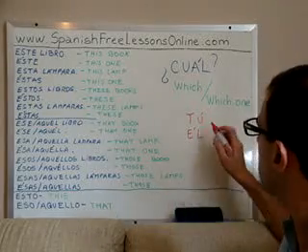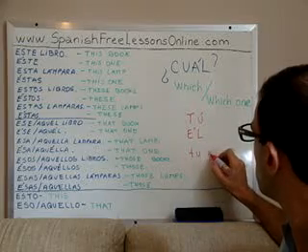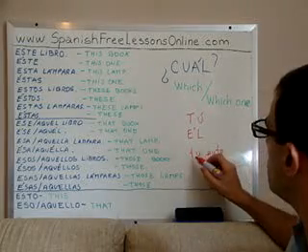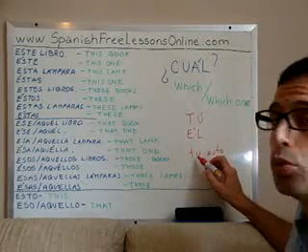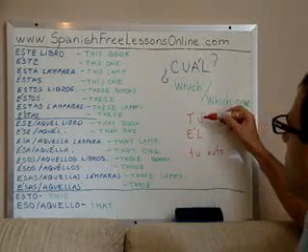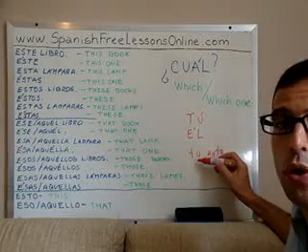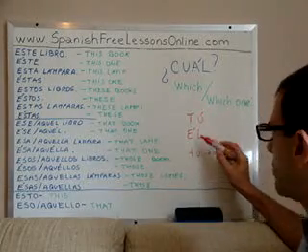However, when tu is a possessive like tu auto, right? This means your car. Here, the word tu does not have a tilde. Okay, so when tú means you, it has a tilde. When tu means your, it does not have a tilde.